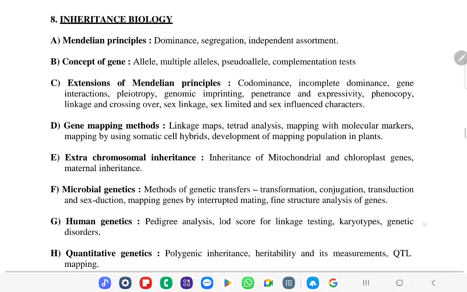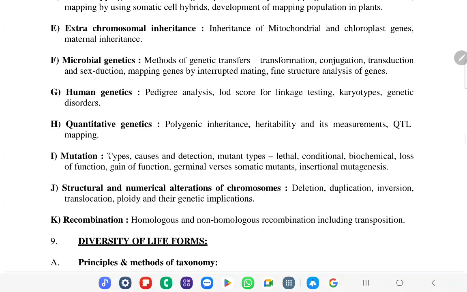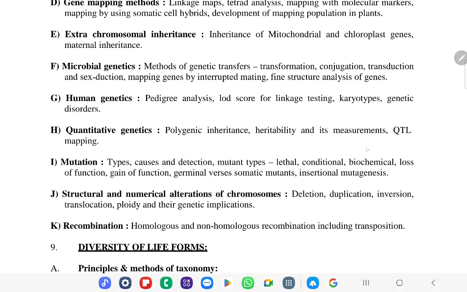So these are the subunits of inheritance biology. There are 1, 2, 3, 4, 5, 6, 7, 8, 9, 10, 11 subunits. The eighth unit consists of 11 subunits.